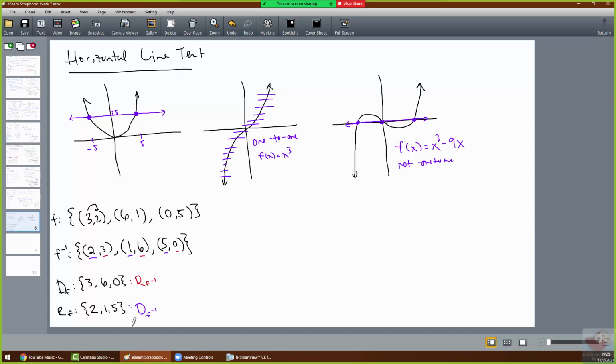If the function is one-to-one, the domain of the original function is the range of the inverse, and vice versa. So the domain of f is equal to the range of f inverse. And the range of f is equal to the domain of f inverse.